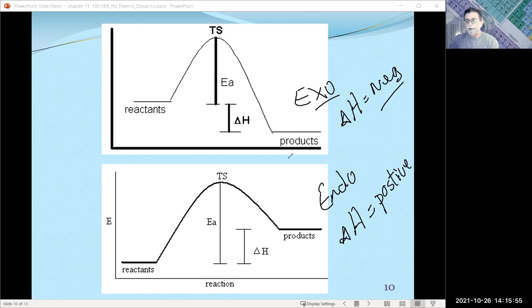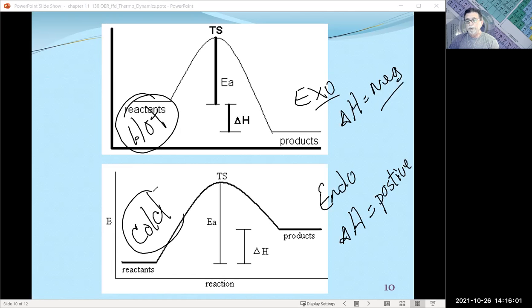This one will get hot. This one will get cold. And this diagram is simply an energy profile of a reaction process as it goes from reactants to products.